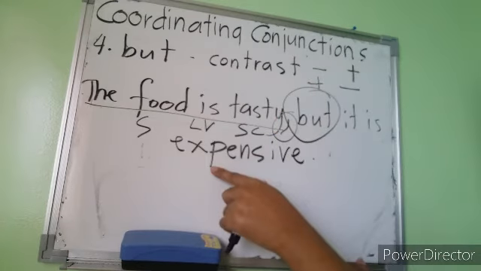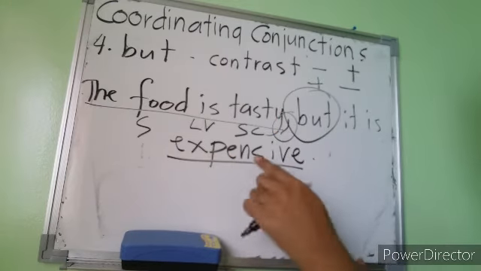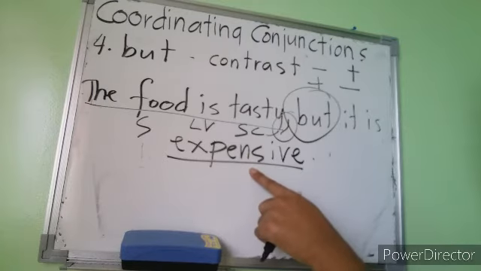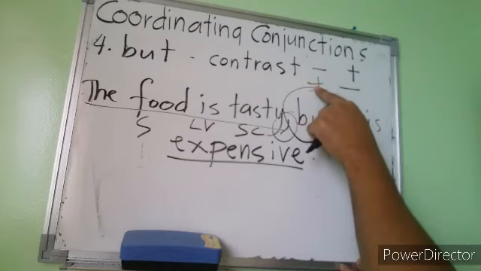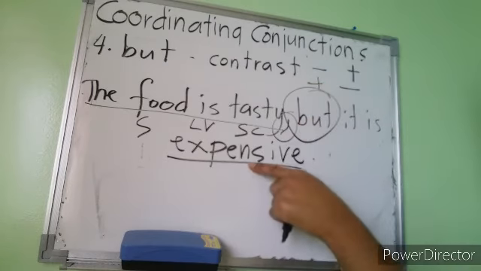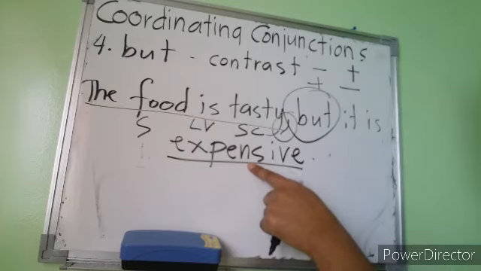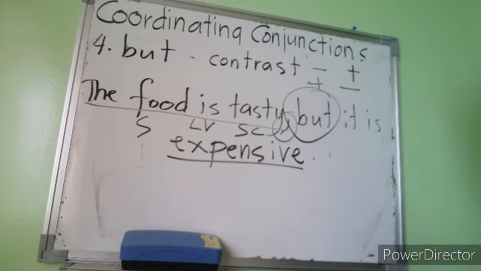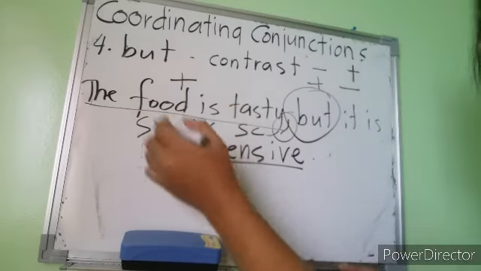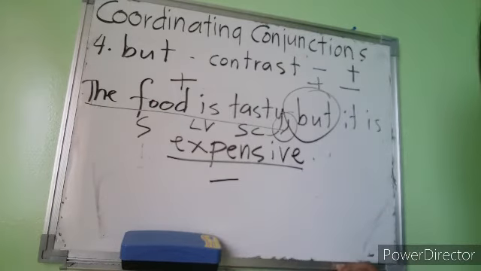It is expensive. So expensive here makes the sentence negative, right? So the first sentence was a positive idea, but the second sentence has a negative idea. So that is why it is a contrasting idea. So one is positive, and this is your negative idea.